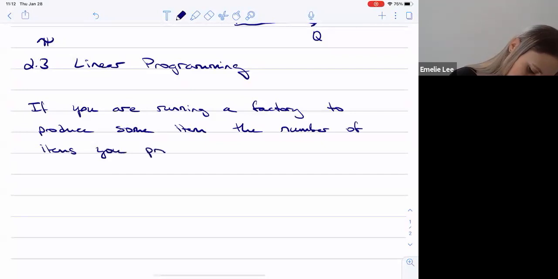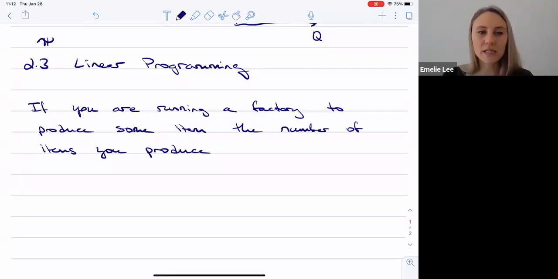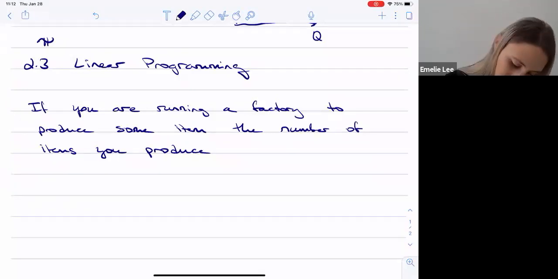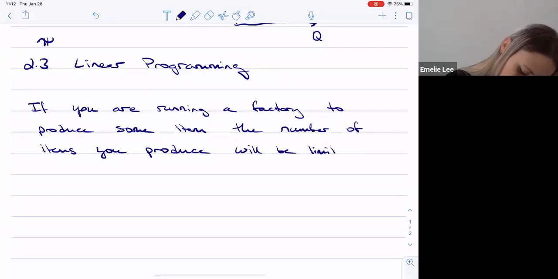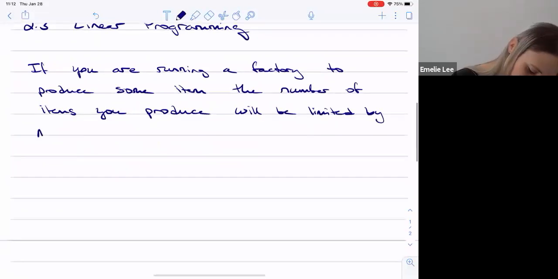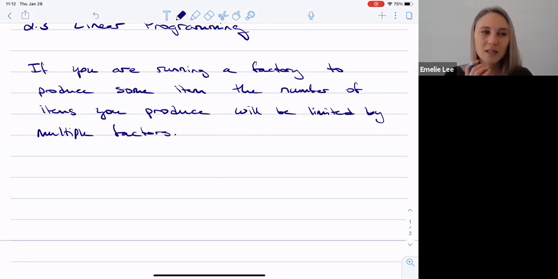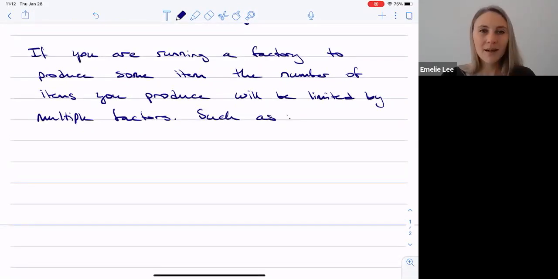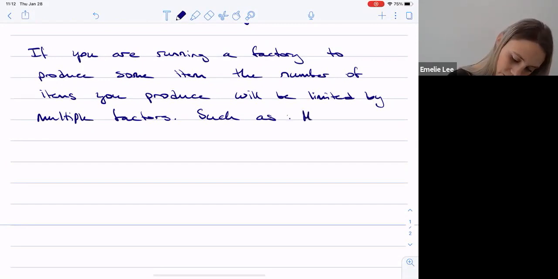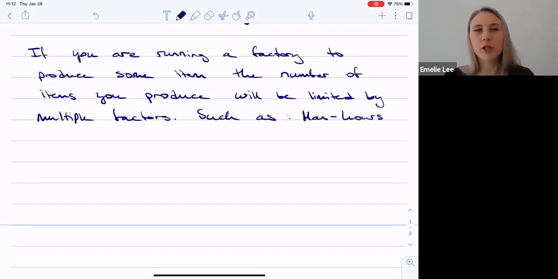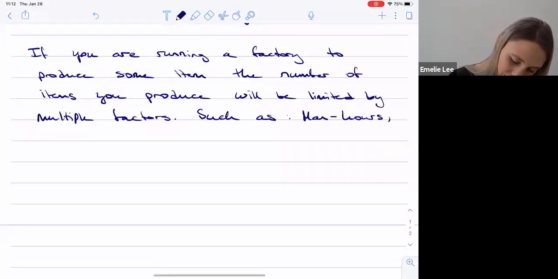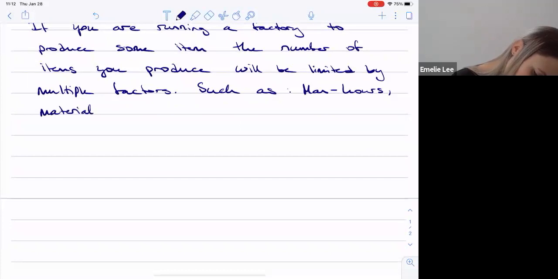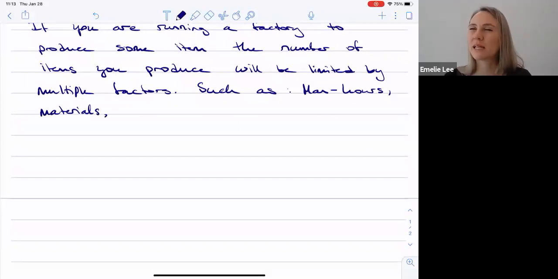The number of items you produce will be limited by multiple factors, such as man hours, so just how much labor do you have, and materials.